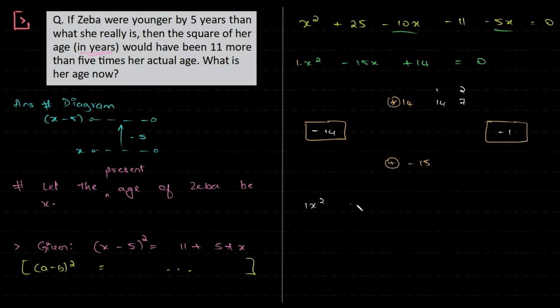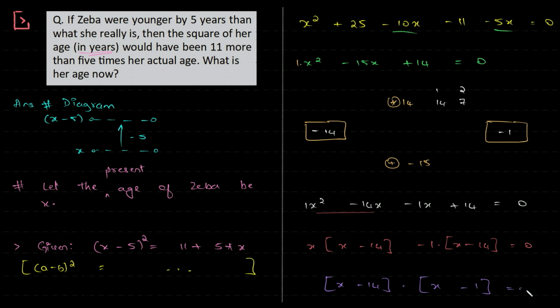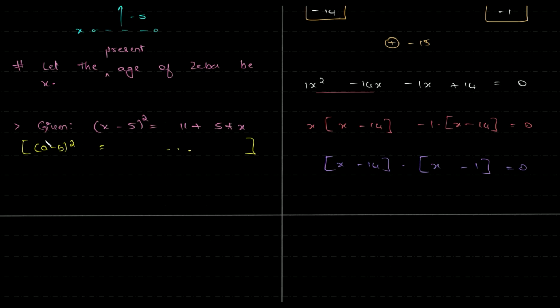So we have x square minus 14x minus 1x plus 14 is equal to 0. Now we have common x over here, so x minus 14, and here again we need x minus 14, remember. So what should I take? Minus 1x, and this is 1x, so we have to take minus 1, and thus we have x minus 14 into x minus 1, which is equal to 0.